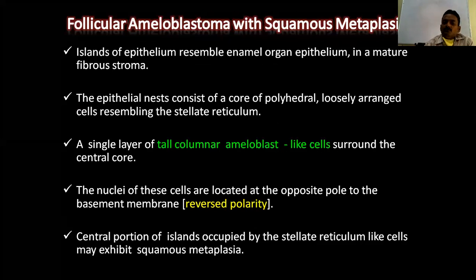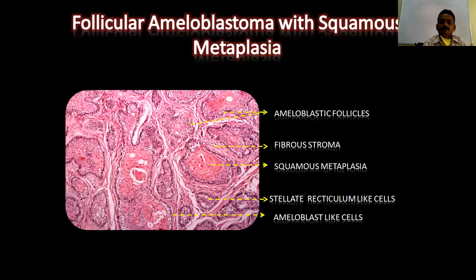The nuclei of these cells are located at the opposite pole to the basement membrane. This is called reverse polarity of the cells. The central portion of the islands is occupied by the stellate reticulum-like cells, and these exhibit squamous metaplasia. So this is the histological section showing the follicular ameloblastic cells, which shows squamous metaplasia.